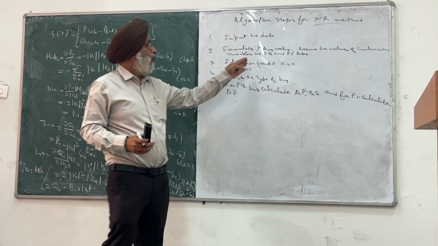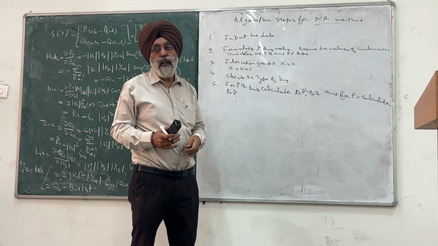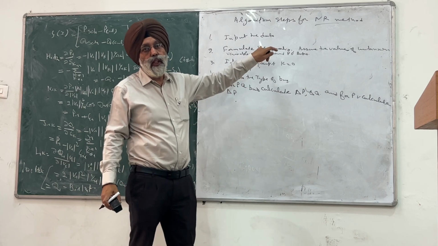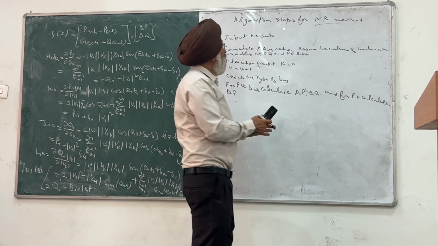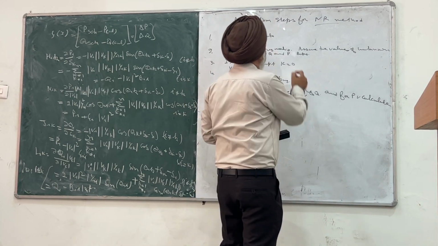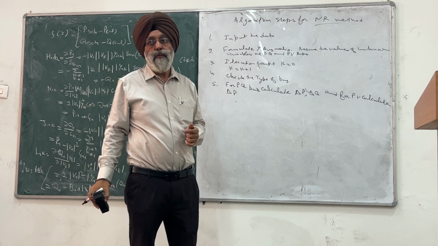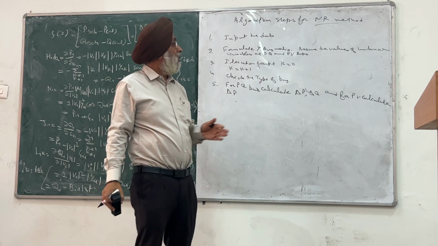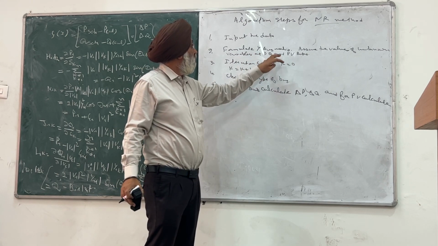So what are the unknown variables at the PQ bus? They are E and delta. So we have to assume the value of E and delta for all the PQ buses, and the unknown variable for the PV bus is delta. E is given, V is given. So we have to assume.